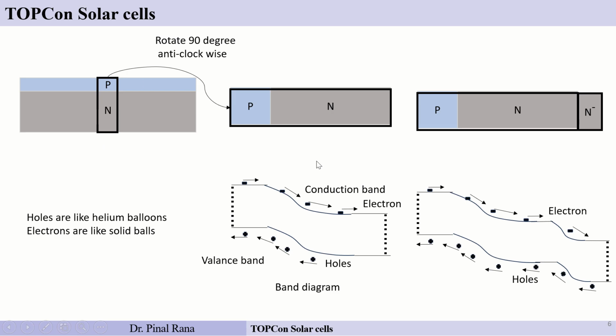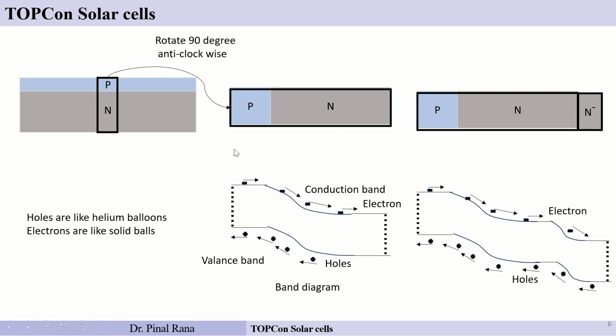Now if we compare the band gap diagram for this p-n junction, this is how it looks. So p-type has a higher energy band gap than the n-type. That's why it is shown at a relatively higher height than the n-type. And this transition is called the depletion region.